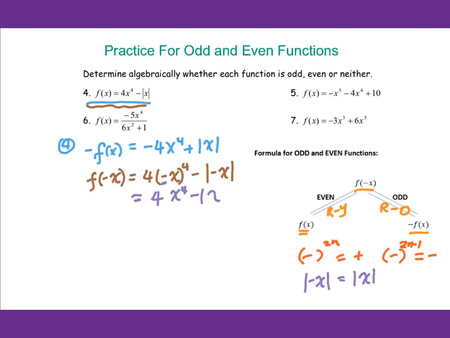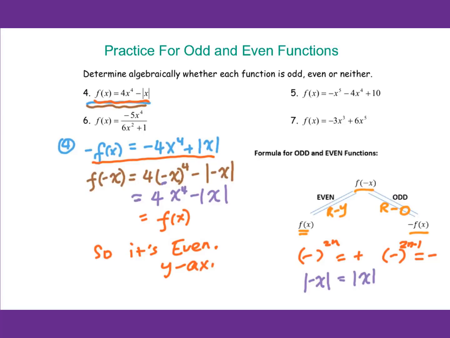So we got the absolute value of x. Compared to the opposite and the original function, we know this one equals f of x. So it is even. The graph will be reflected across the y-axis.